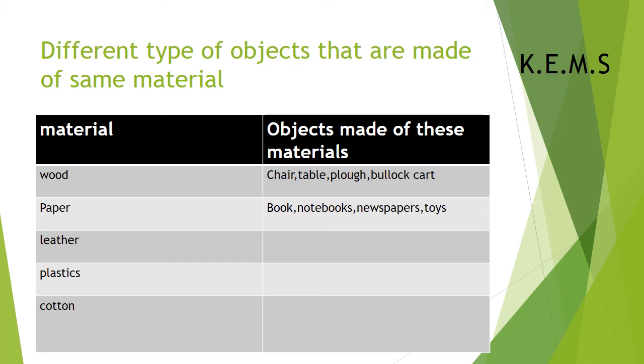Plastics, you can make chairs, toys, etc. From cotton you can make different kinds of dresses. Similarly you can add one more material, and write down the objects made out of these materials. It's a very short table, you can complete it easily.